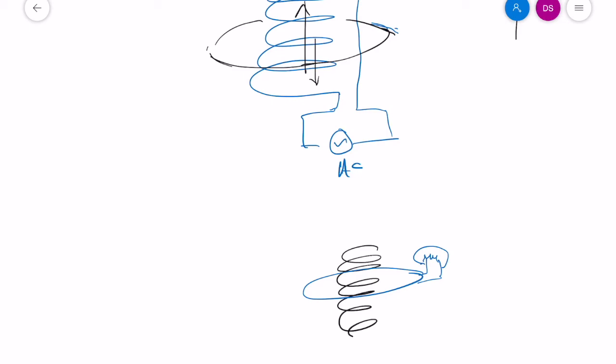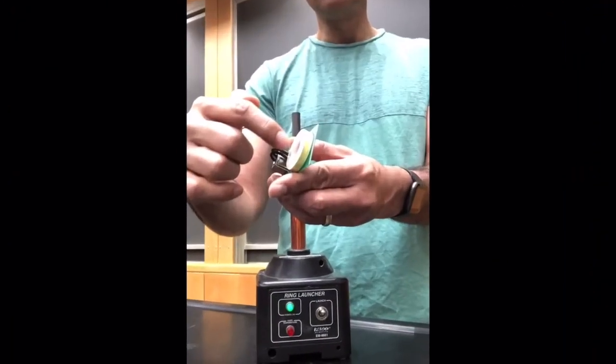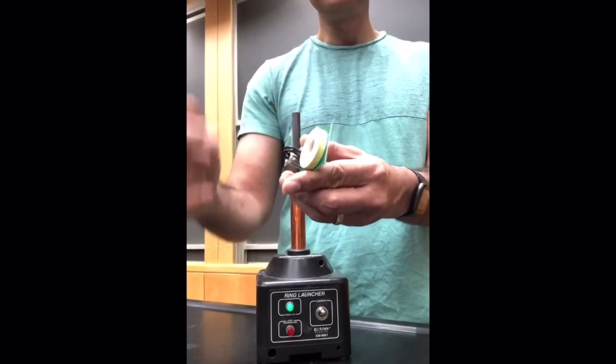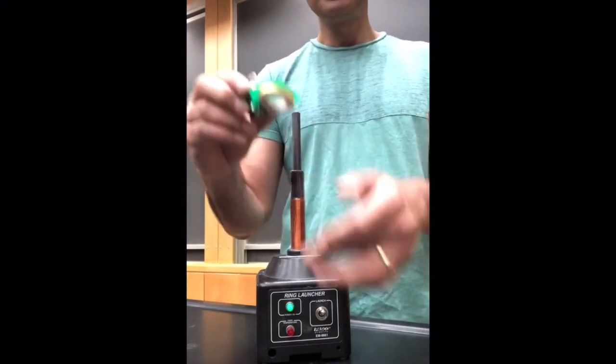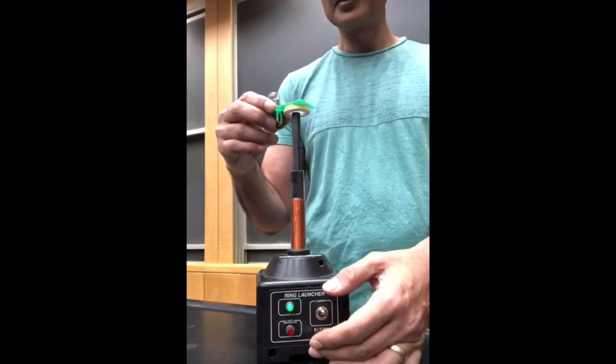Actually, in the demonstration that I show you, this is not really a single loop of wire, but also another solenoid. So this has a few turns of its own. That is just to magnify the effect. Okay, so let's take a look at that. So I have the solenoid connected to a light bulb, and I'm holding it right there.